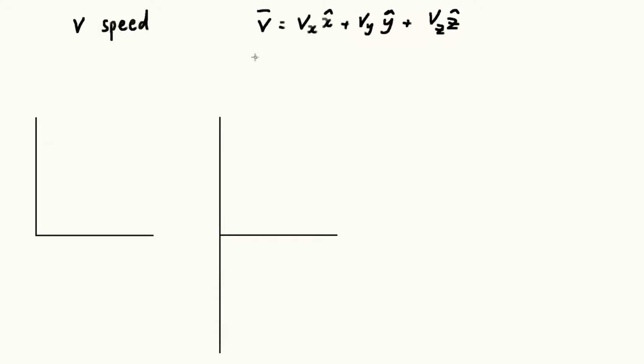In this example we're going to work in 1D, and therefore we are going to simplify v just to be vx x hat. And this is our velocity.